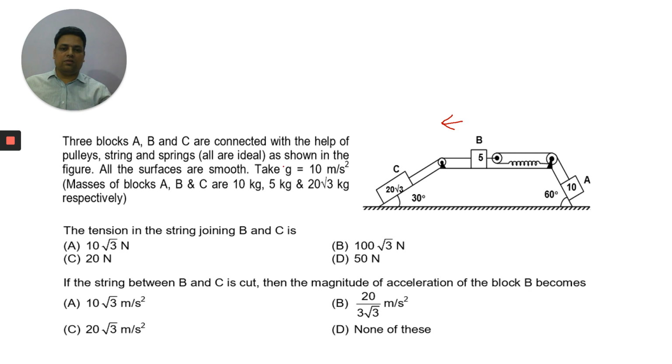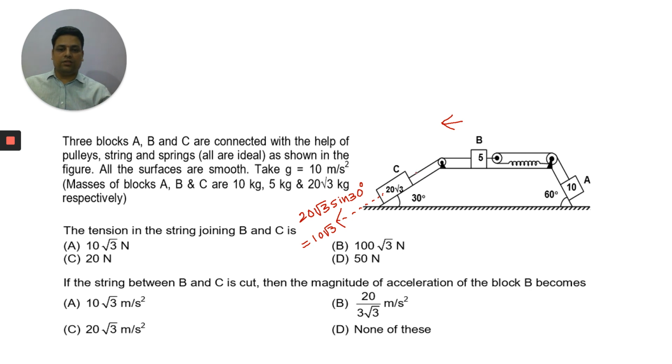If at all the system moves to the left, then as all surfaces are smooth, we can draw the free body diagram for the system. In the free body diagram for this system, 20 root 3 sine 30, which would be 10 root 3, would be acting down the incline.